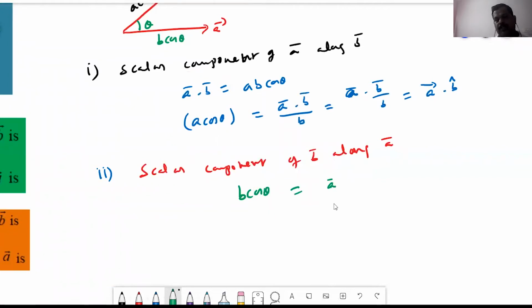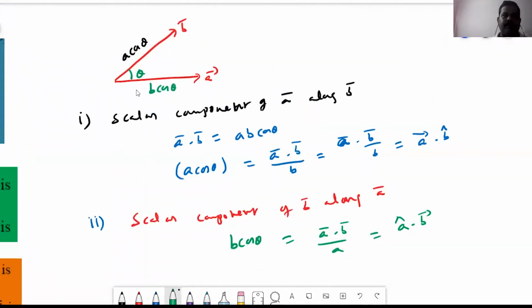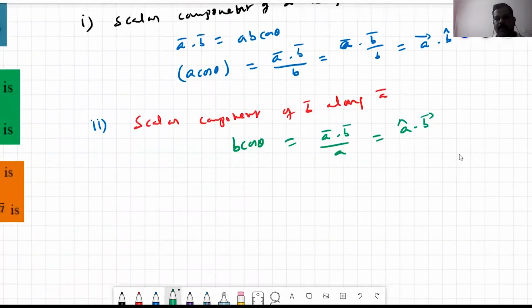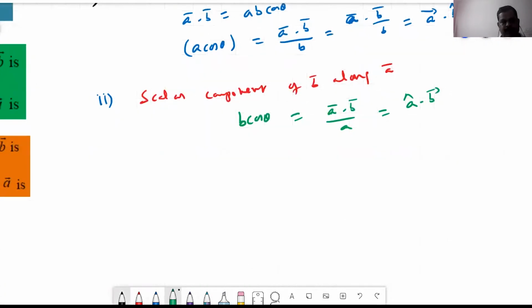So B cos theta is A bar dot B bar by A, which is nothing but A cap dot B bar. Now till now we calculated the scalar components of A bar and B bar. Now I want to find out the vector component of A bar along B bar. Let's see the third question.